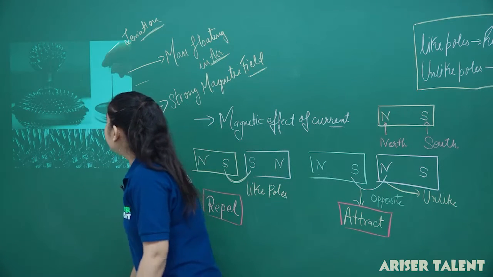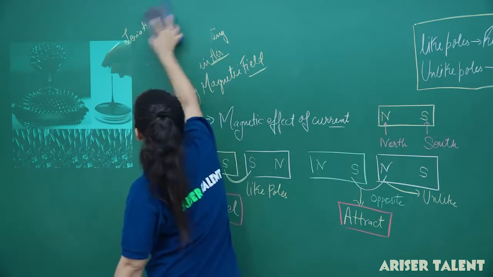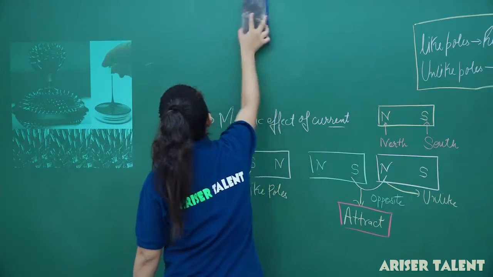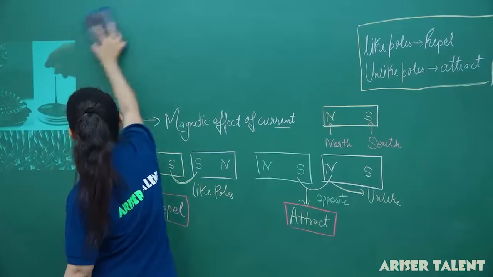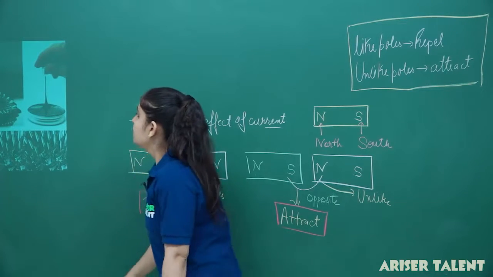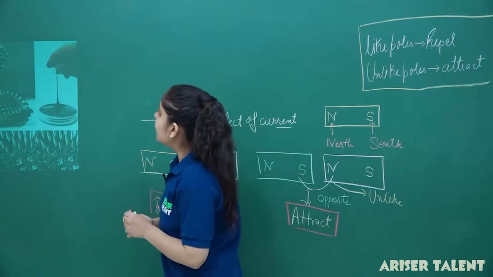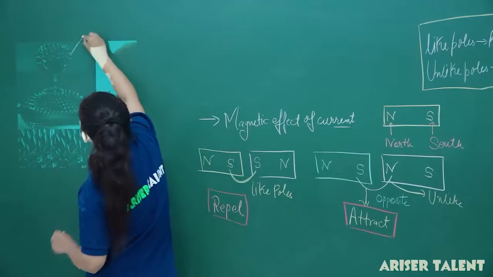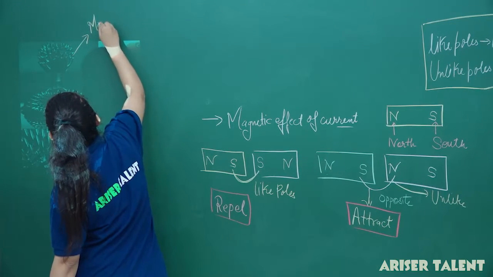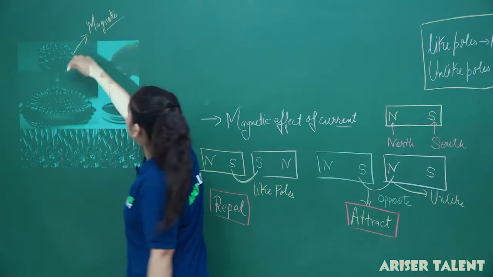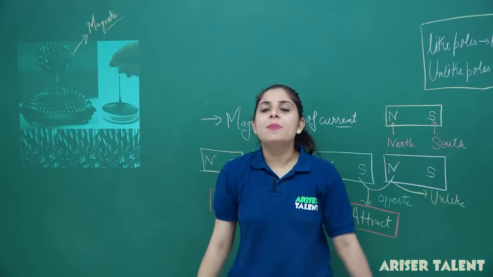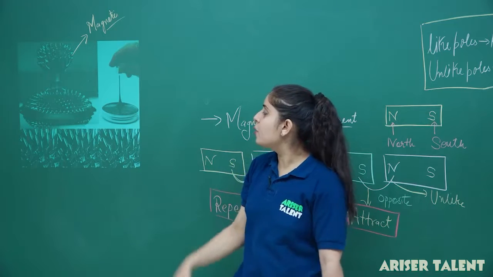This is a very interesting thing, and what is this? Let me tell you about that. Now, this material is completely made up of magnetic material. And do you know what its specifications or characteristics are?